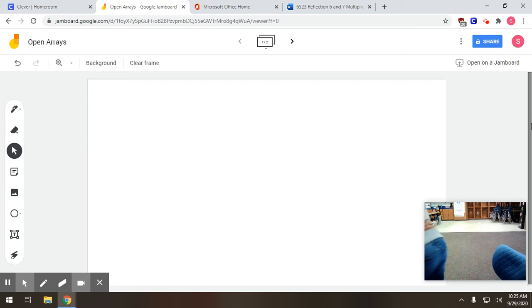All right, so for our multiplication problem, I'm going to write a big M, so I know that this is for multiplication. And I'm going to write my problem, which is 14 times 10. When using open arrays, we can decompose our factors.